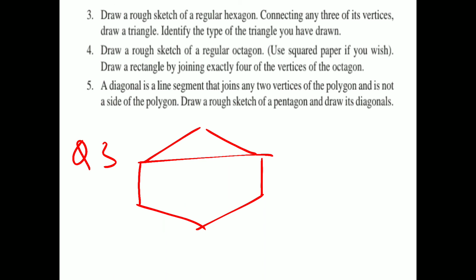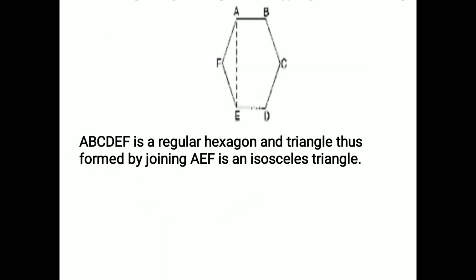If you connect, a triangle becomes. Now see, in a hexagon all sides are equal. When they are equal, this side will be a bigger one. So which type of shape is it? Isosceles. So you make a figure. It is solution 3. A, B, C, D, E, F is a regular hexagon and the triangle thus formed by joining A, E, F is an isosceles triangle. Clear?